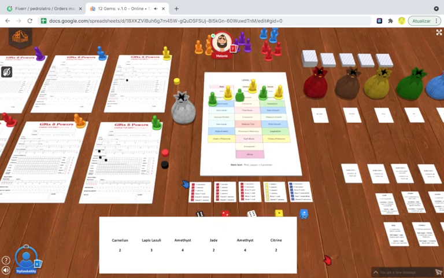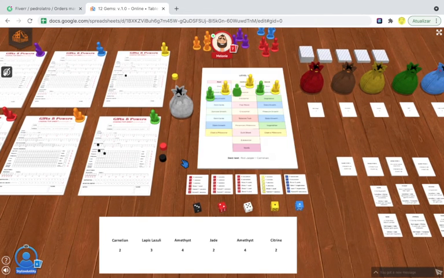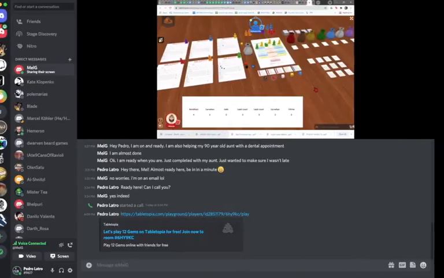Okay. Now it's your turn right here. You have 1 plus 1. It's 2 successes or drawing 1 card. Which would you rather do? So let's see.